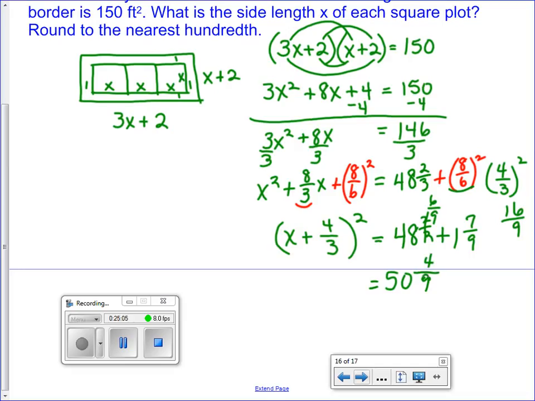All right, and we want to take the square root of each side. So the left side is easy. We would have x plus 4/3. On the right hand side, we want to take the square root, so grab your calculator, of 50 and 4 ninths.